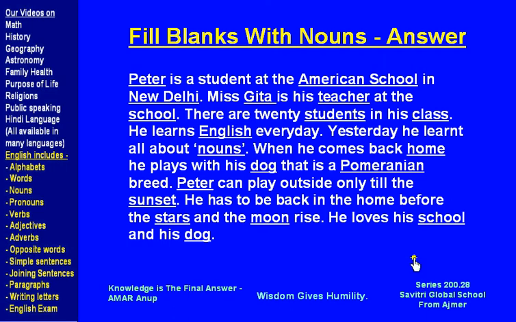Here are the answers. Again, some of the nouns that you had to use were common nouns, some proper nouns. I keep giving some long complicated words when I am teaching to build your vocabulary and to make you confident in English, so that you are not afraid of big words.